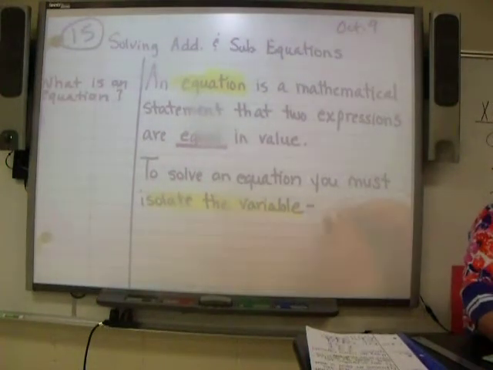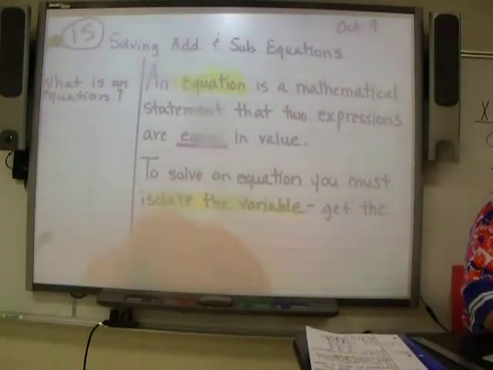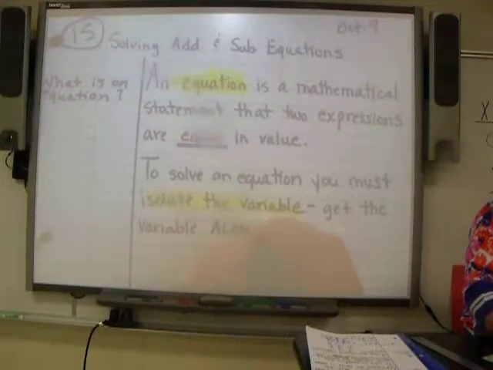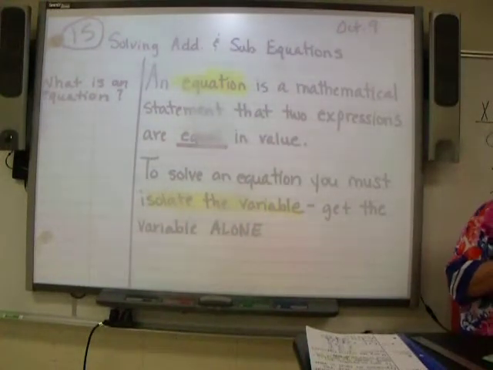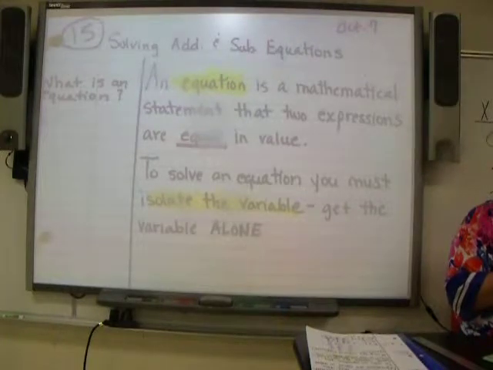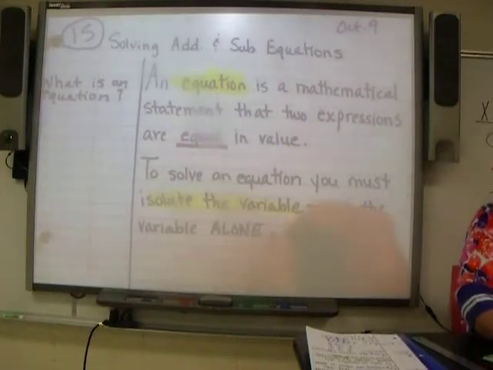That means to get the variable alone on one side of the equal sign.